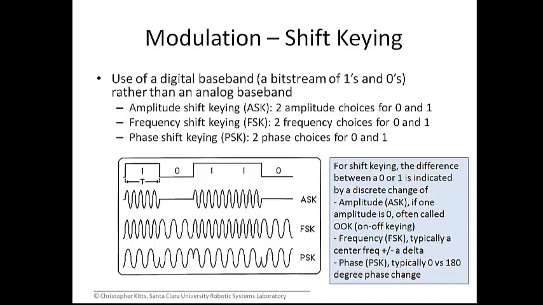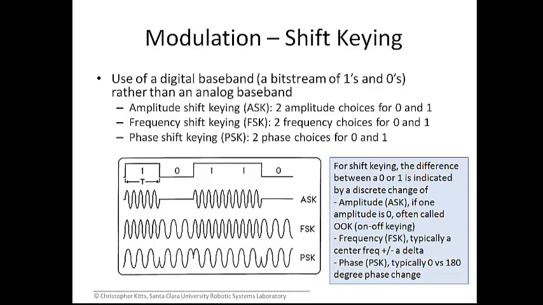For example, if we're doing amplitude shift keying and we only have two choices of the baseband signal, a 0 or a 1, then we move between two choices of amplitudes for the modulated wave. When we do this, we call it shift keying.